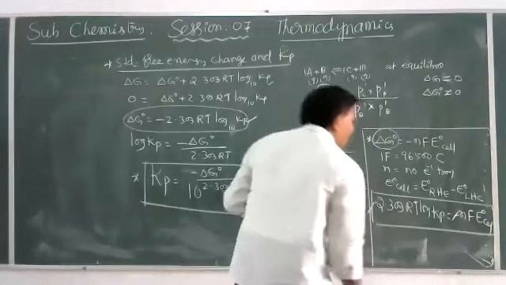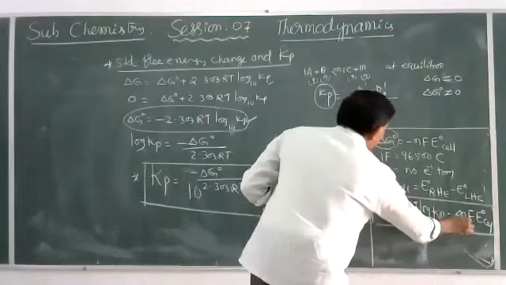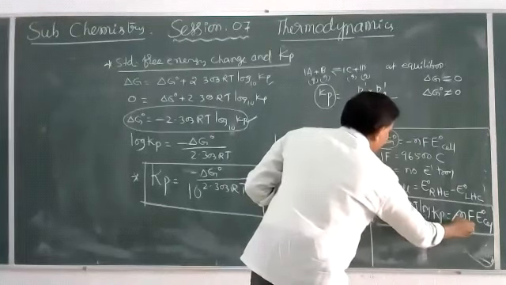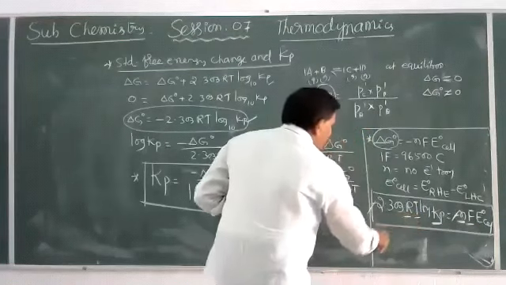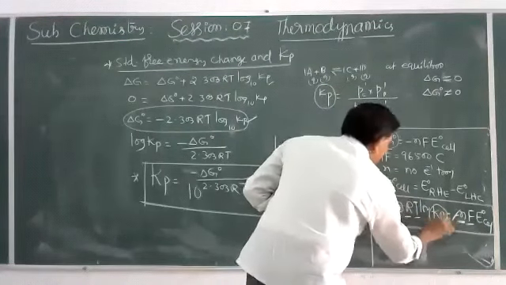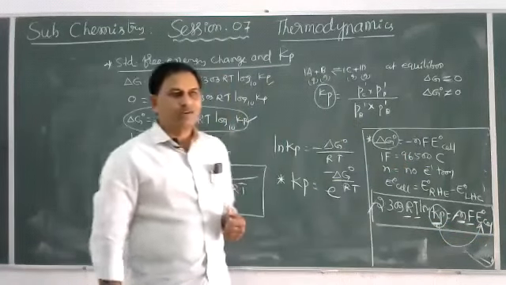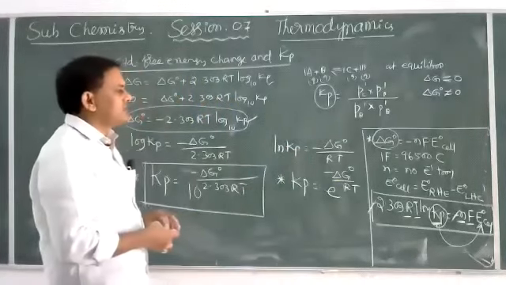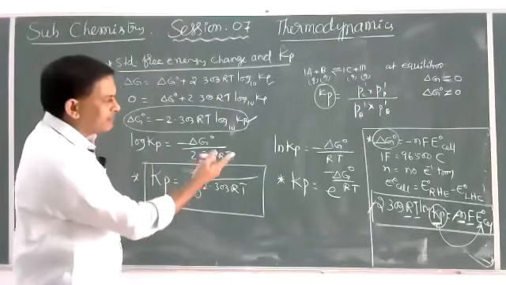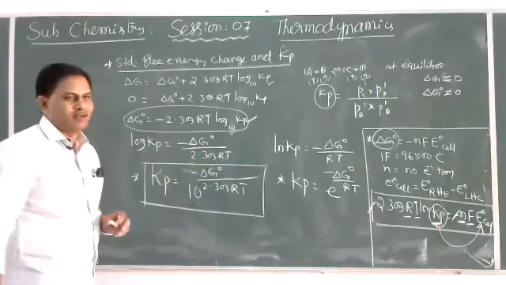Minus minus gets cancelled. We can calculate E naught cell, or the equilibrium constant, because by using the equation we get the n value, and F and temperature are constants. The main relation is between Kp and EMF of the cell. This is one of the most important relations between standard free energy change and EMF of the cell, and also between equilibrium constant and EMF of the cell.